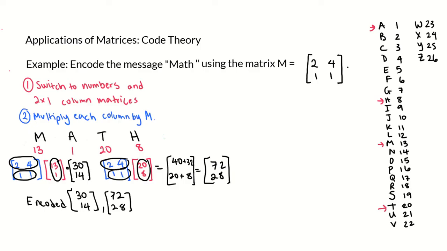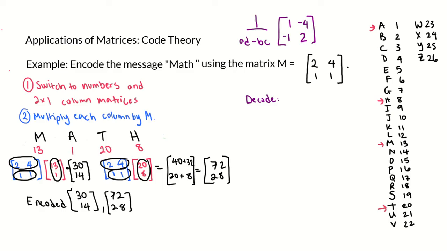And to decode the message, we need to find M inverse. So to find M inverse, we're going to use the inverse equation, which is 1 over AD minus BC. Then we switch the right diagonal and change the signs of the left diagonal.